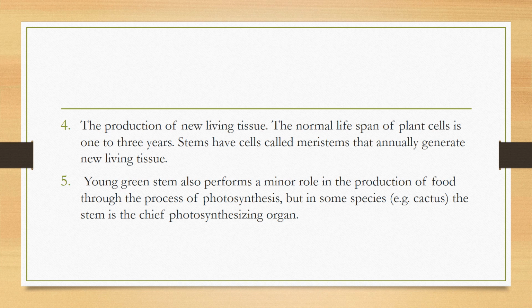Okay, because the life span of plant cells is from 1 to 3 years. So annually, that means each 1 year, the meristem cells of the stem generate a new living tissue.